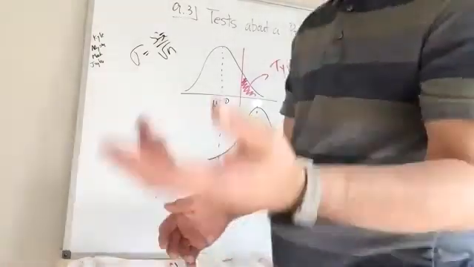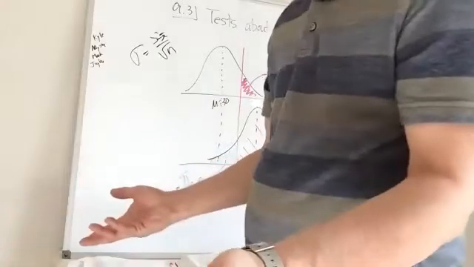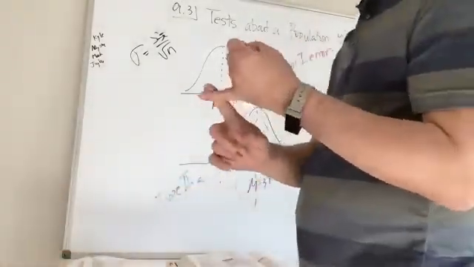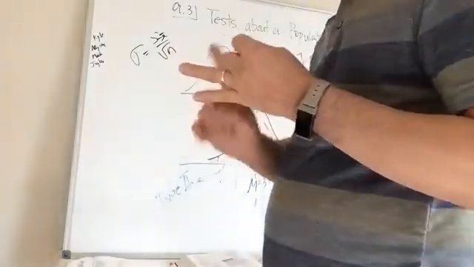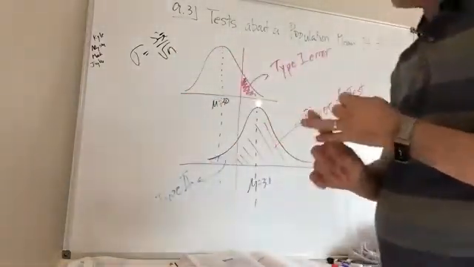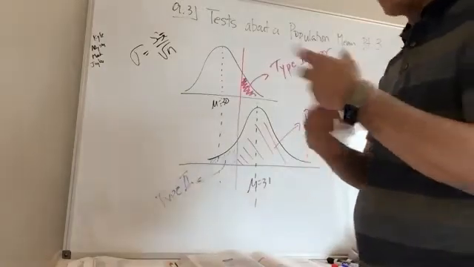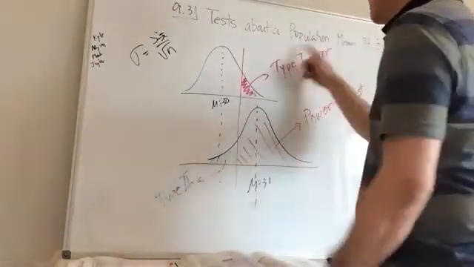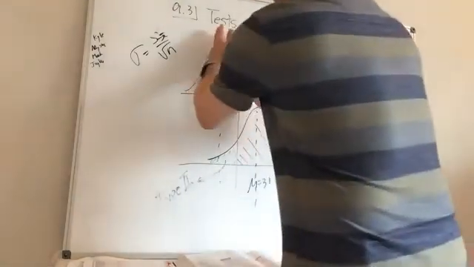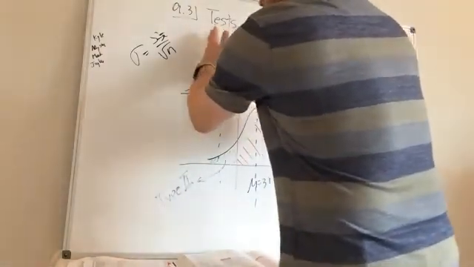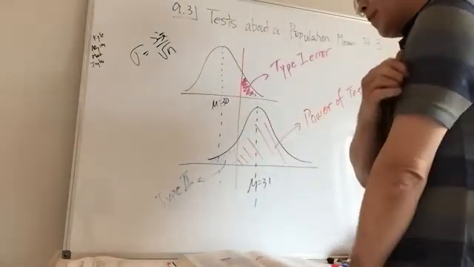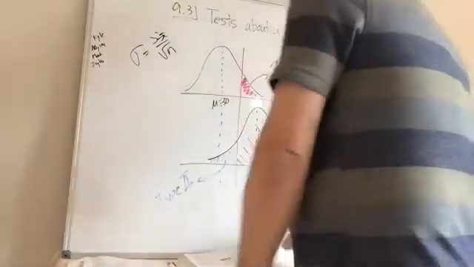We have less errors. That only makes sense. And the second one is that the more samples you draw, the more accurate, so you're going to have less of a type 2 error, less of a type 1 error, because this one also gets squished up, meaning that the tails are going to become smaller and smaller. Those are the two.